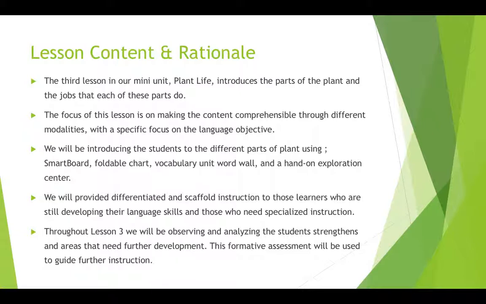We've made sure to provide differentiated and scaffolded instruction to those learners who are still developing their language skills and those who need specialized instruction. Throughout our lesson, we will be observing and analyzing the students' strengths and areas that need further development and using formative assessment to guide our instruction.